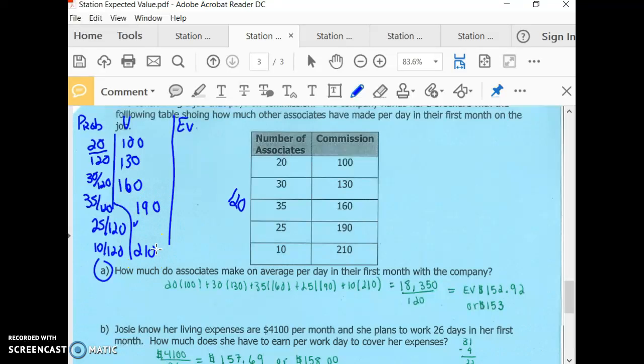So when you do that, you get this, and then at the very bottom, you need to sum all those up. And then you're going to get a sum of $152.92, which I rounded up to $153. So how much do associates make on average per day in their first month? $153.